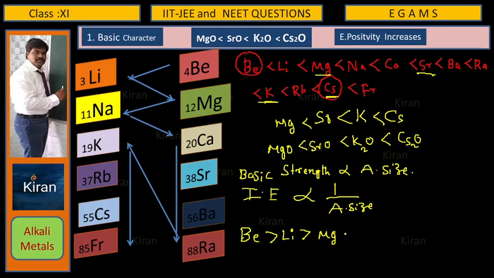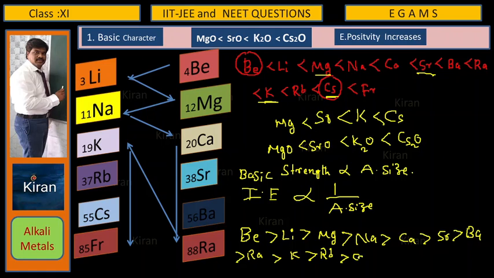Magnesium is greater than sodium, sodium is greater than calcium, calcium is greater than strontium, strontium is greater than barium, barium is greater than radium, radium is greater than potassium, potassium is greater than rubidium, rubidium is greater than cesium, and cesium is greater than francium. This is the order of ionization energy. As atomic size increases, ionization energy decreases. Okay, next pattern.